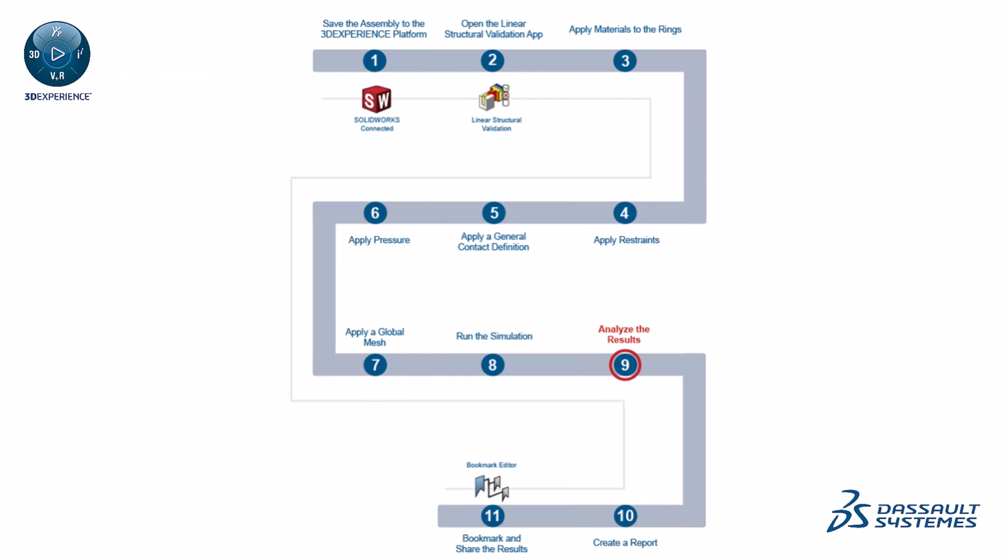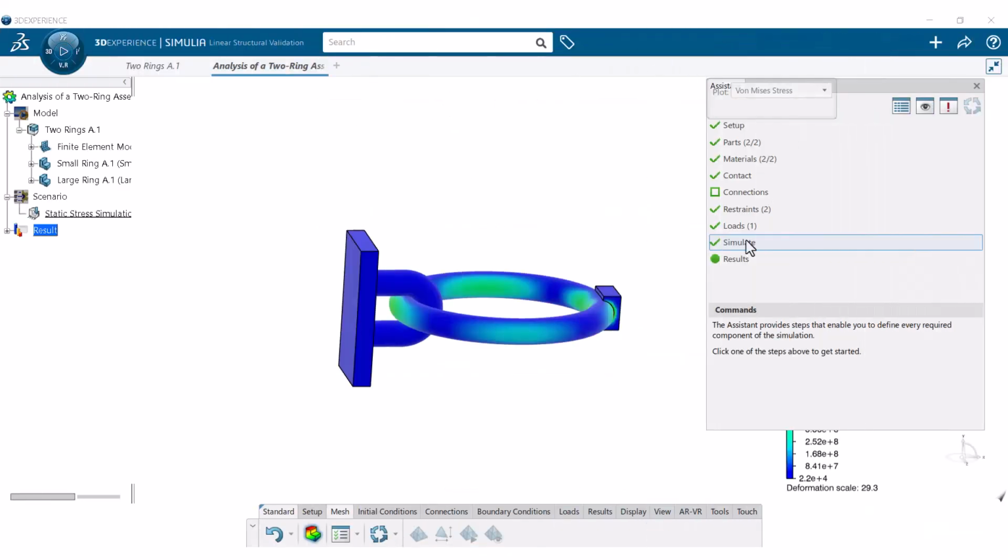Next, analyze the results. You analyze the results of the structural simulation by reviewing the contour plots of the von Mises stress, the displacement, and the factor of safety.